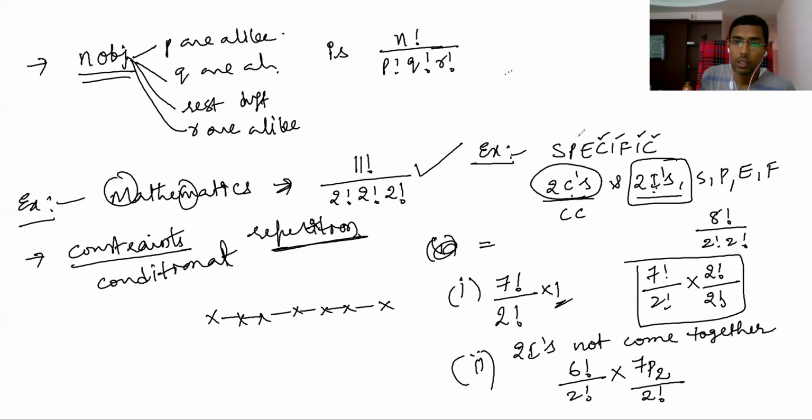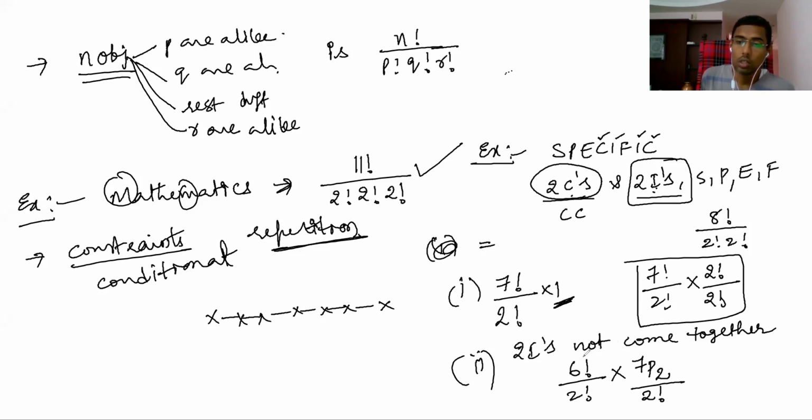Okay, in this "specific," the first question is that the 2 C's should come together. Take them as 1 unit and the remaining 6 units, so a total of 7 units: 7 factorial by 2 factorial. The 2 C's you cannot arrange among themselves again because they are identical, so into 1. The second question: if you arrange "specific" on a line, how many permutations have the 2 I's not together?